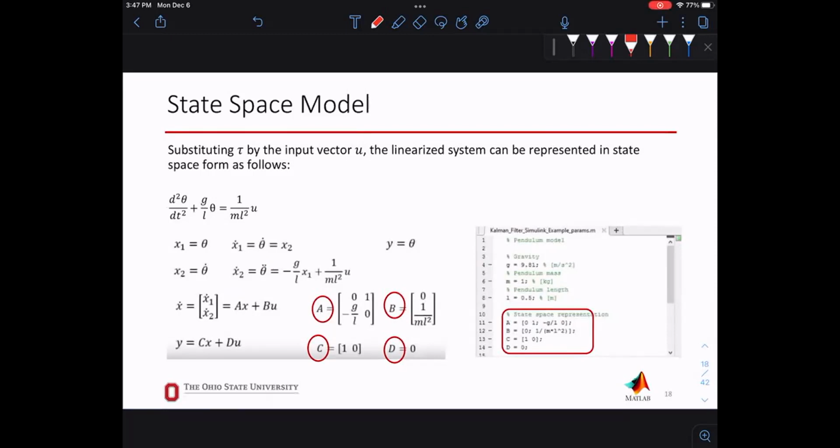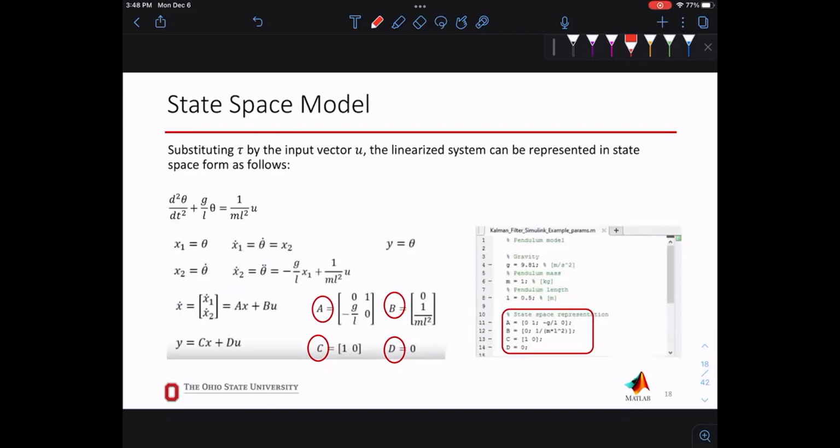Now we have 4 matrices that we have seen in our Kalman filter equations, right? So we have A, B, C, D. You remember from the predict and update steps, what do we need to define now? We need to enter the covariances and write an equation for the error covariance, P, and you have everything else.